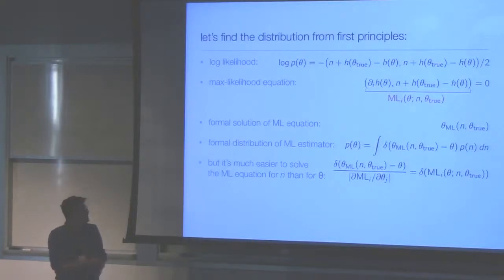So I can take this delta here and rewrite it as an explicit delta, or implicit over this maximum likelihood function. There's a Jacobian involved, which is a derivative, but what this is saying is that instead of taking all the noises and looking at what maximum likelihood estimator they give me, I can take all the maximum likelihood estimators, look at what noise I need, and then count those.